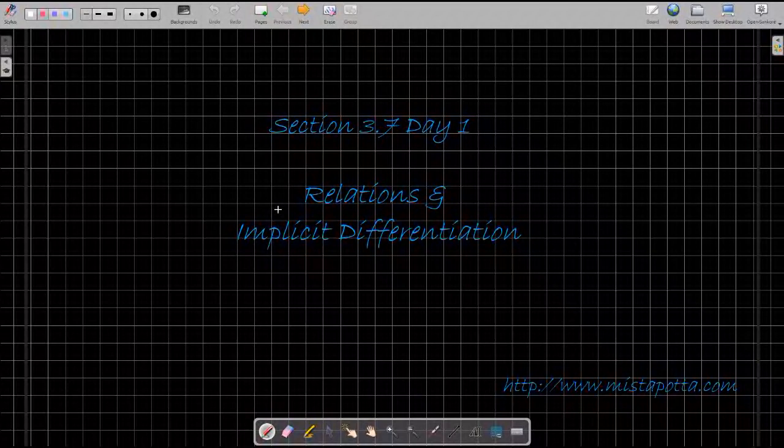And we have a tool called implicit differentiation that we're going to be using to find the slopes or other applications when we need the derivative for something that's not explicitly a function, and it's not necessarily easy to get it into functional notation.